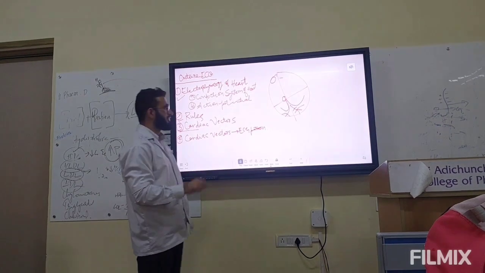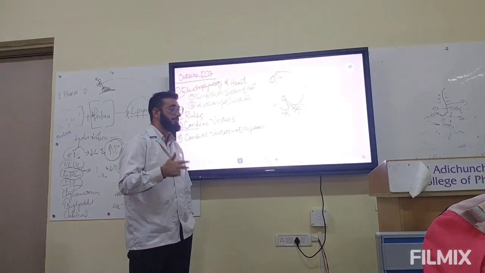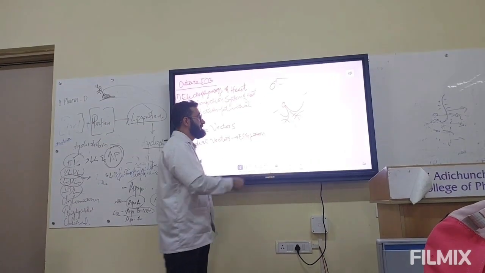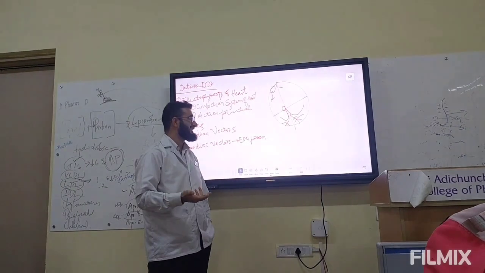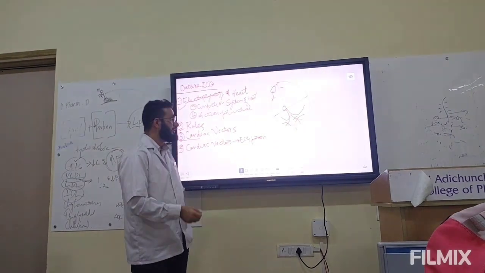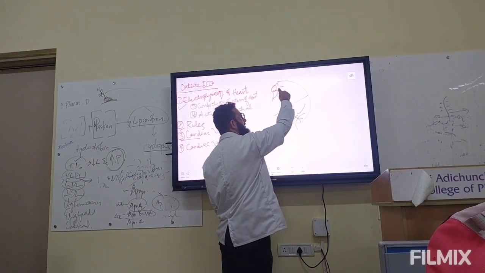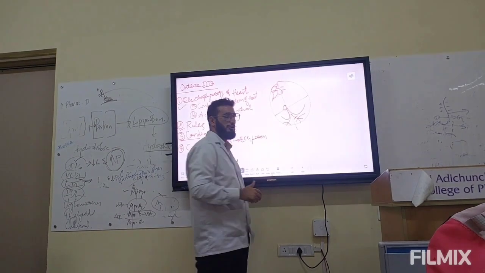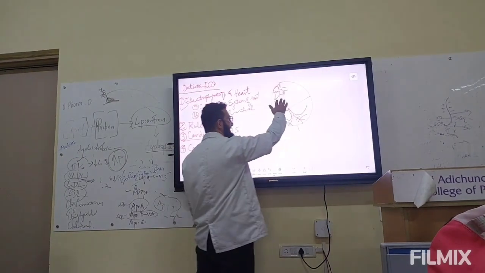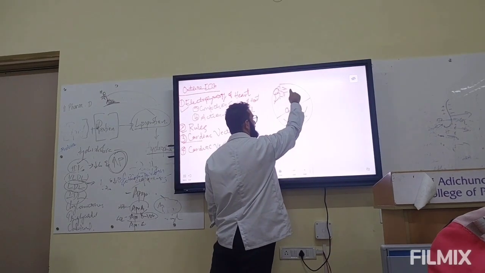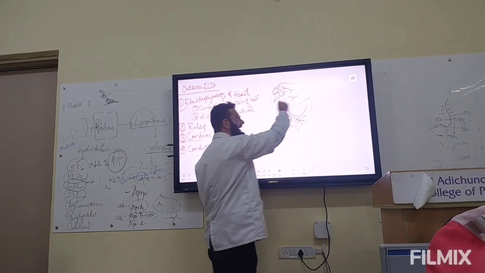The SA node is a specialized myocardial tissue which has the property of autorhythmicity, which can generate electrical signals. So the SA node will generate the electrical signals when depolarization is required, and these signals will spread throughout the atrium.